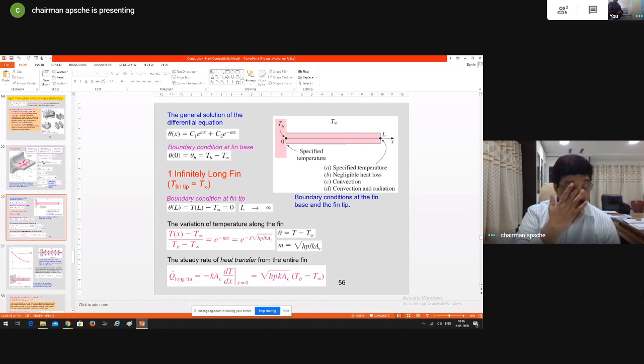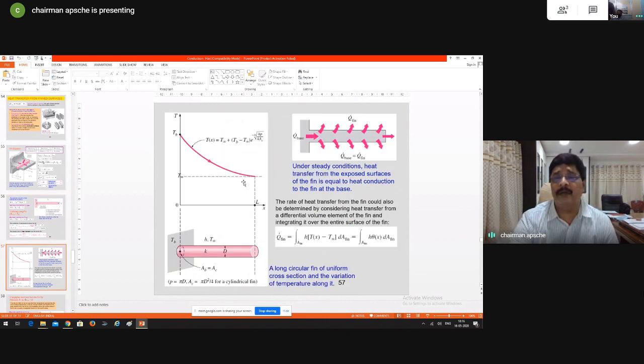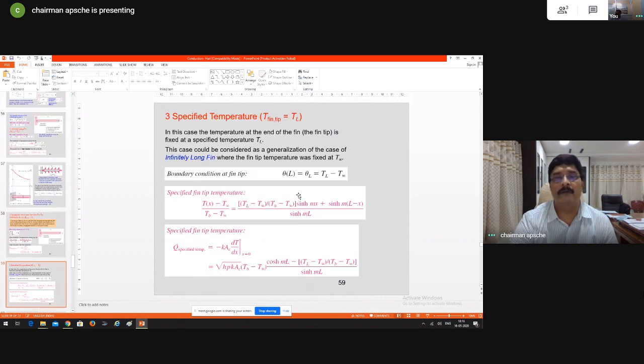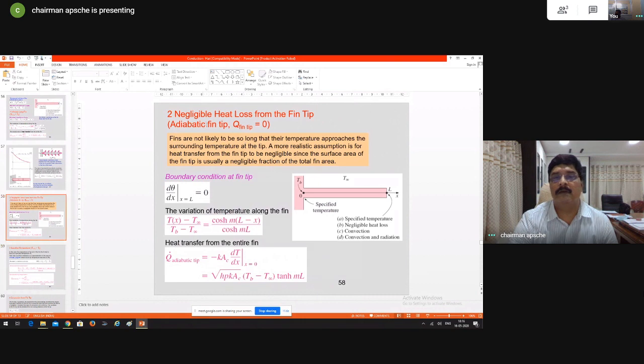And the second condition is about an adiabatic fin. Negligible heat loss at the tip. That means you are insulating this tip. And this means the fin is not a very long fin. It's a short fin only. The temperature at this point cannot be equal to T infinity.